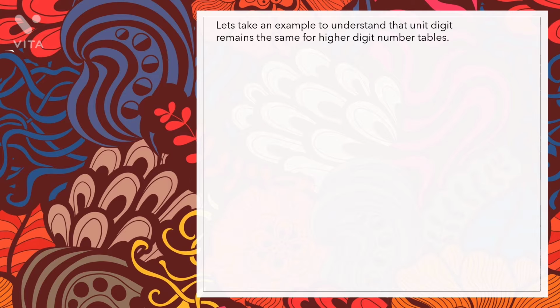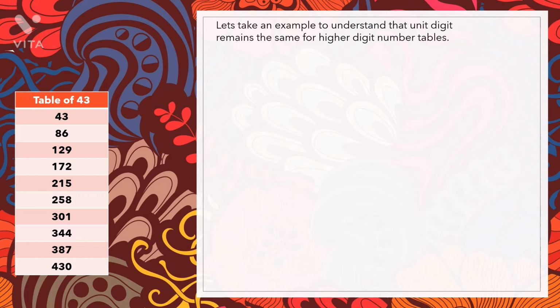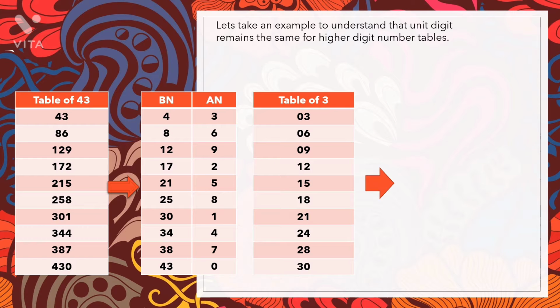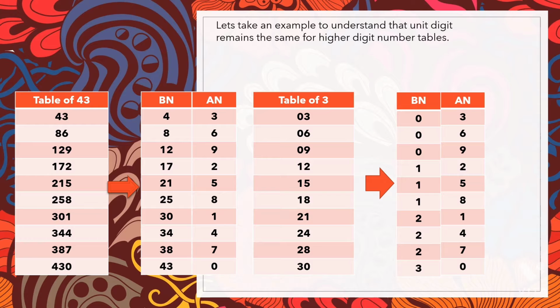For example, I have taken the table of 43, and from it we get our values for Bn and An. Now as 3 is at 43's unit place, we have to write the table of 3, which is going to give us the values of Bn and An for 3.